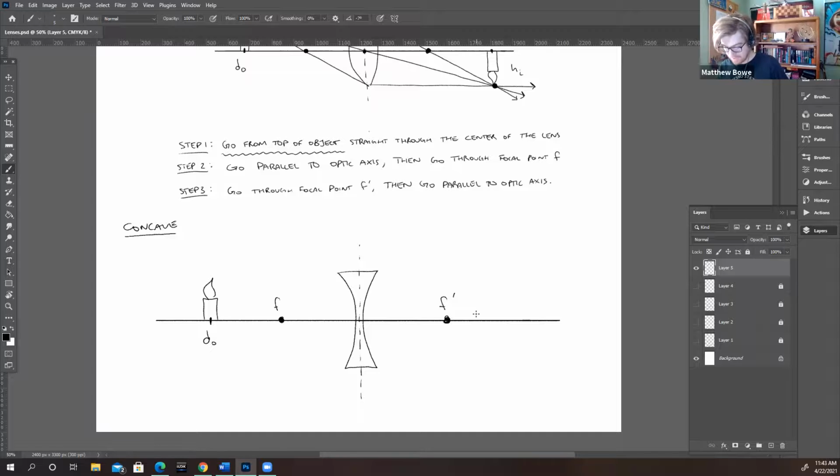I could always use those steps. So I could go from the top of the object straight through the center of the lens. That'll be right here. Okay, so it would look something like that.